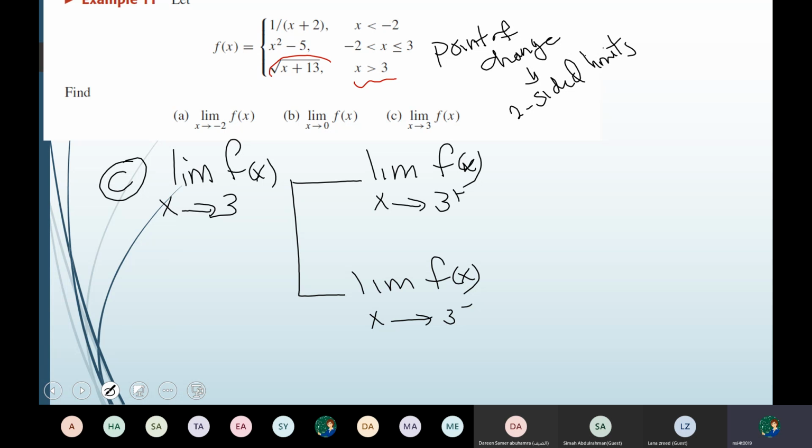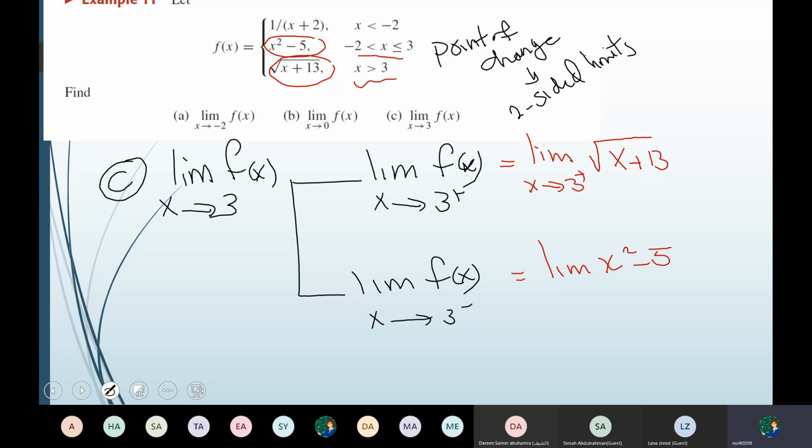So this function: I say limit of square root of x plus 13 when x approaches 3 from the right. Now 3 from the left, that means it approaches 3 from below. So here I will choose x squared minus 5 when x approaches 3 from the left.